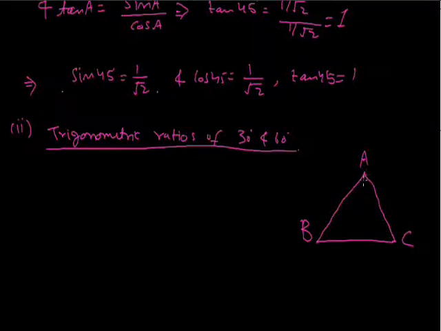Then from point A, draw a perpendicular on BC. Let the sides of this triangle each be a. Then AB equal to AC equal to BC equal to a and BD equal to a by 2 and DC equal to a by 2. So angle A, angle B and angle C are all 60 degree and angle BAD is 30 degree and angle CAD is also 30 degree.